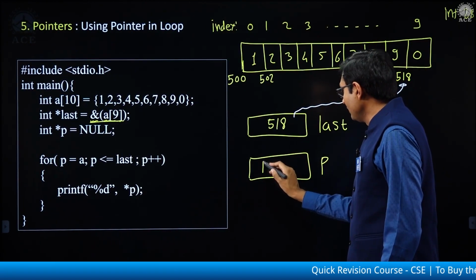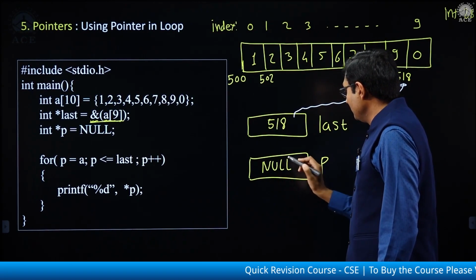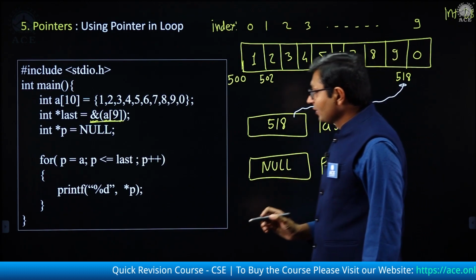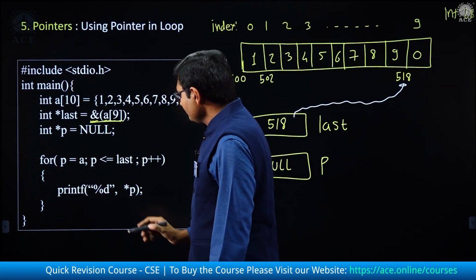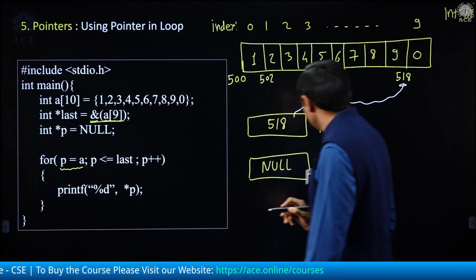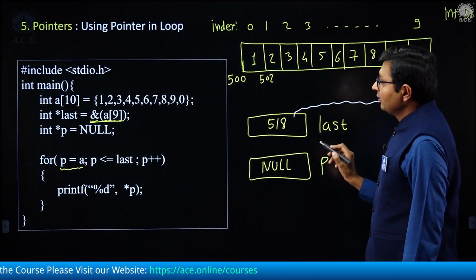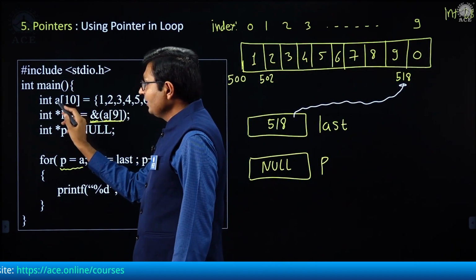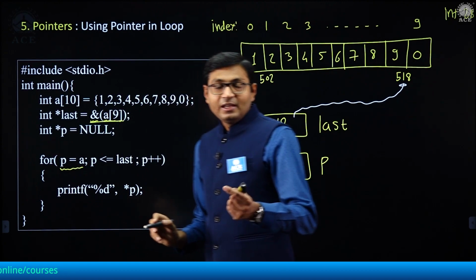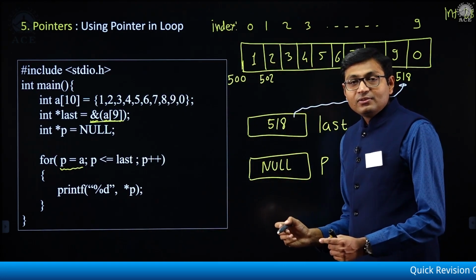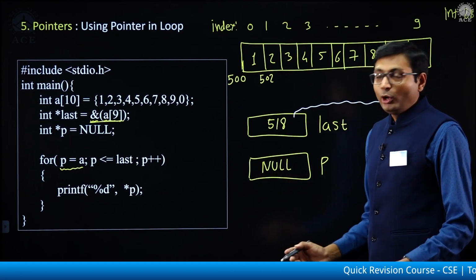So, simply for understanding purpose, I will give it the null value. Now, here is a for loop. P is equal to A. Now, A, what is the A? You see, A is the name of the array, and we have learned name of the array itself is a constant pointer.